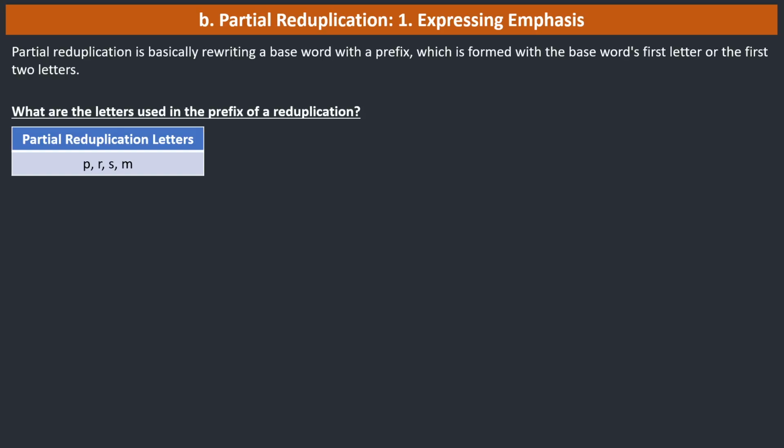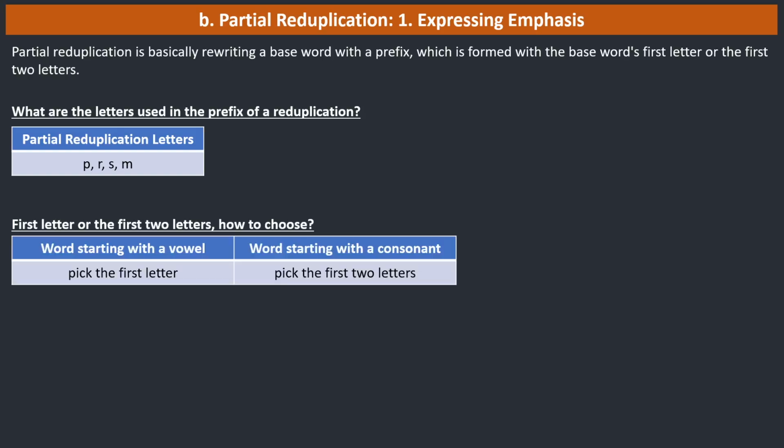And of course, there are two ways to use this. Pick the first letter if it starts with a vowel. Pick the two letters if it starts with a consonant. And yeah, in Turkish, prefixes exist as well. Not only suffixes, but we also have prefixes.